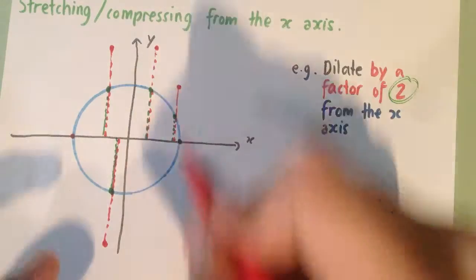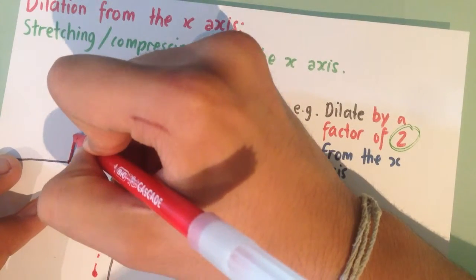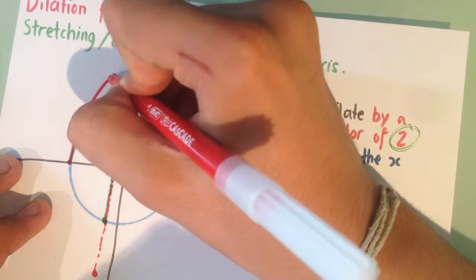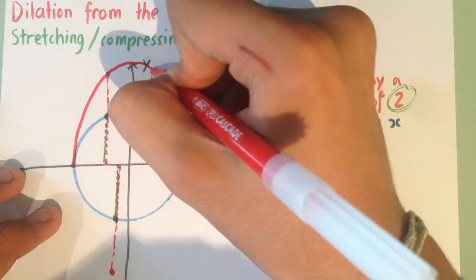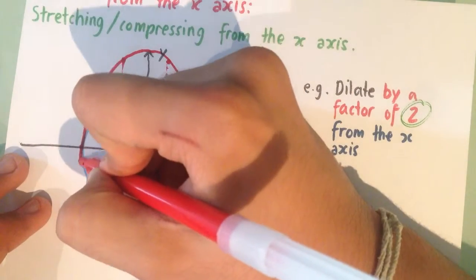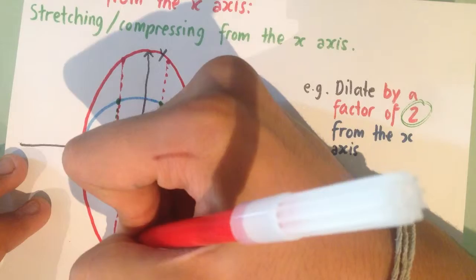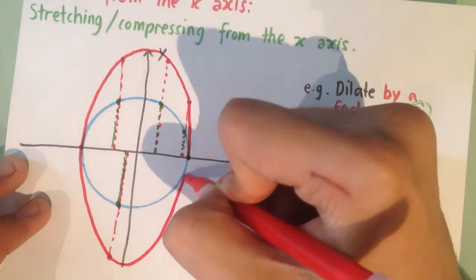Overall, if we did this with every single point, we would get a graph that looks something like this.